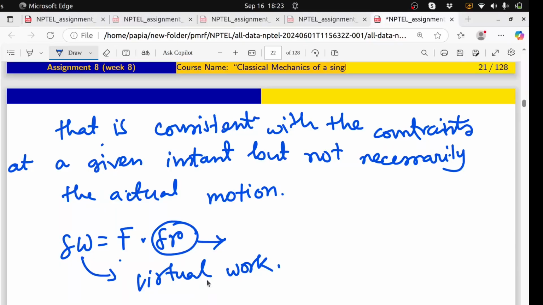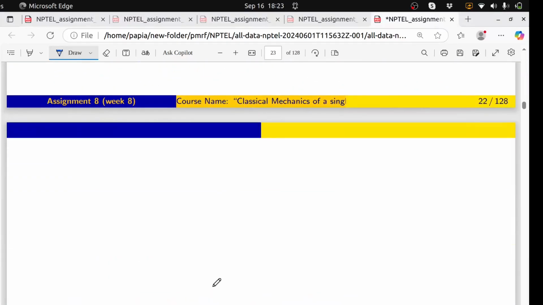Now coming to the principle of virtual work. Let me write the statement first.